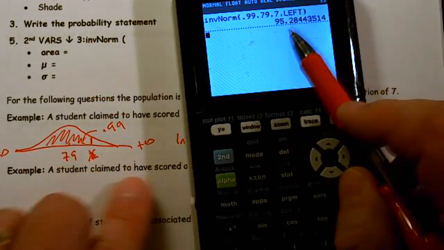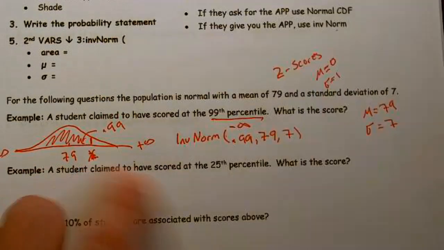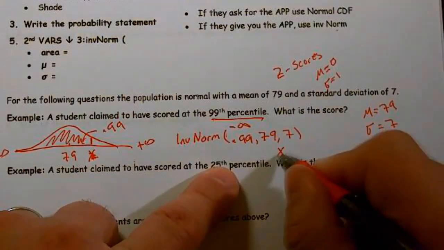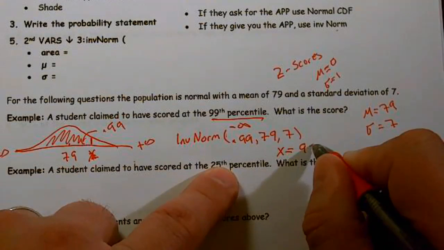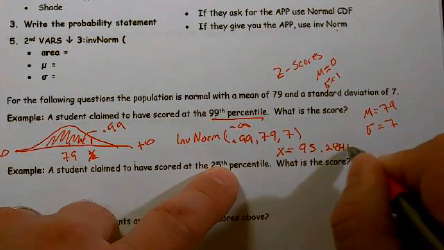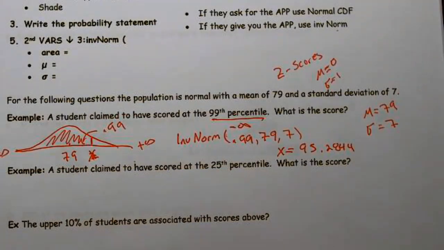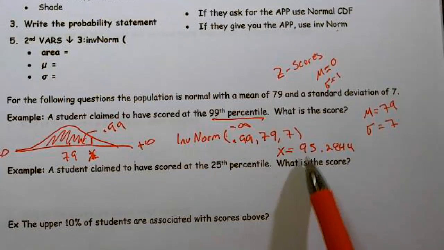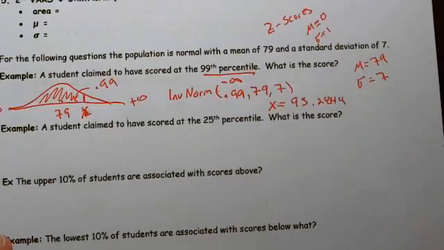And what we find out is that student's X value actually scored at the 95.2844. Now I recognize that probably is 95 that they scored, but basically they scored a 95 on the test, and the average score in the class was a 79 with a standard deviation of 7.